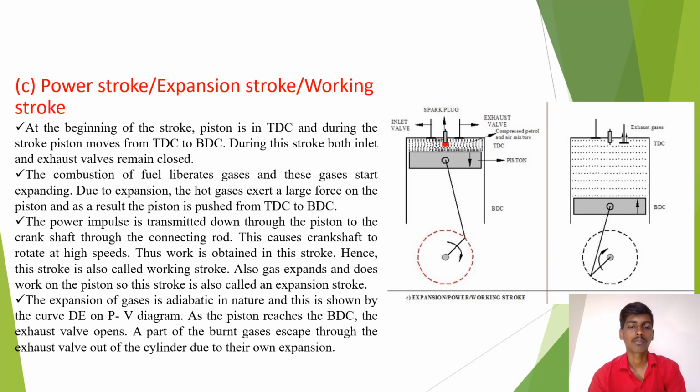Expansion of the gases is adiabatic in nature, and this is shown by the curve DE on the PV diagram. As the piston reaches the BDC, the exhaust valve opens. A part of the burnt gas escapes through the exhaust valve out of the cylinder due to its own expansion.